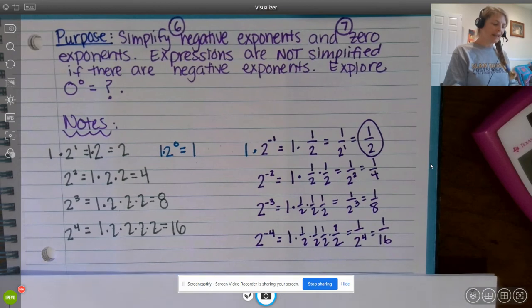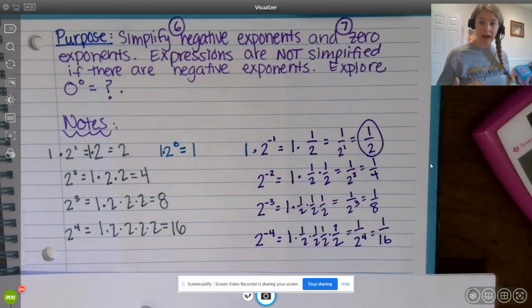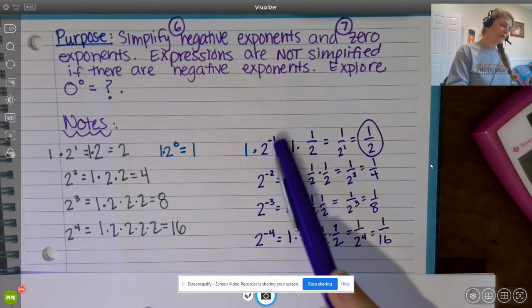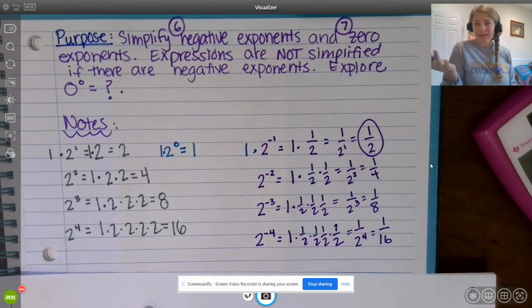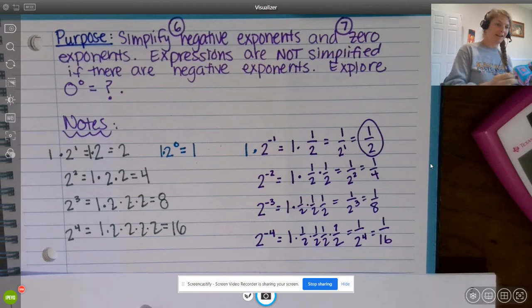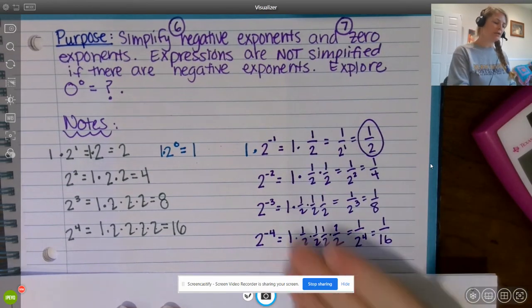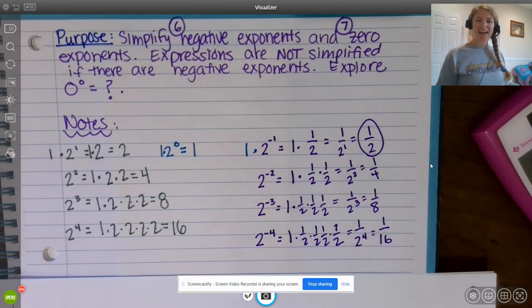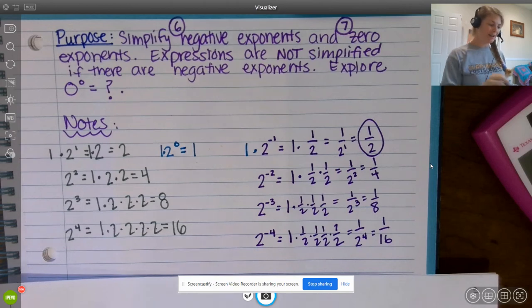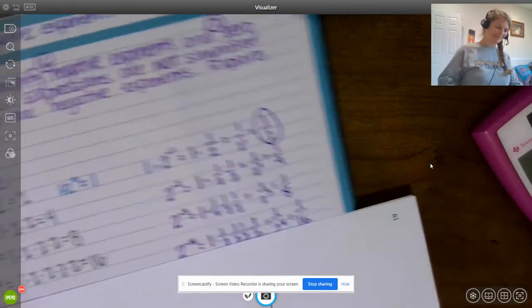So when we look at negative exponents, we are still continuing this pattern, but you can't multiply something a negative amount of times. That's impossible. So we start thinking, okay, opposite of multiplying is dividing, opposite of positive is negative. So this is where this notation comes from. We'll explore this more and find a slick trick for when we have negative exponents.